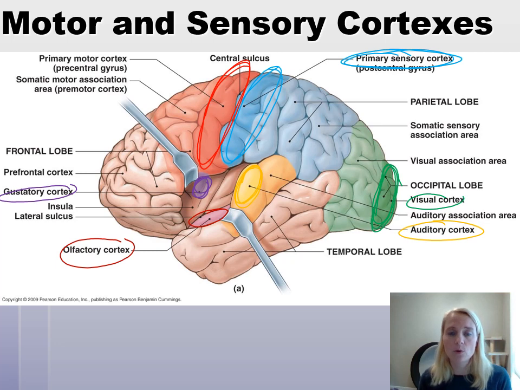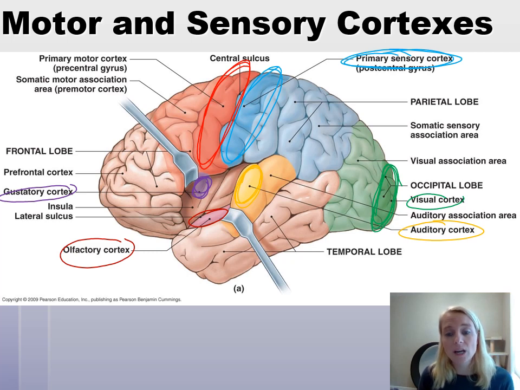This is where your skeletal muscle signals start. Those higher order neurons trigger the signal all the way down to your spinal cord to tell your muscle to contract, and those signals start there. So those are called our primary cortexes, primary sensory or primary motor.